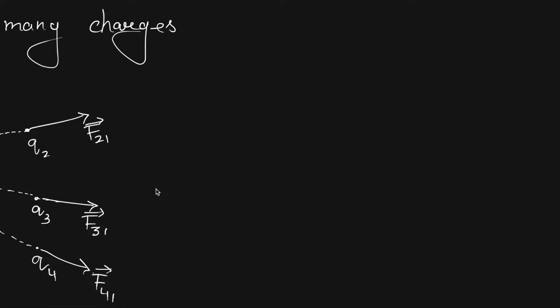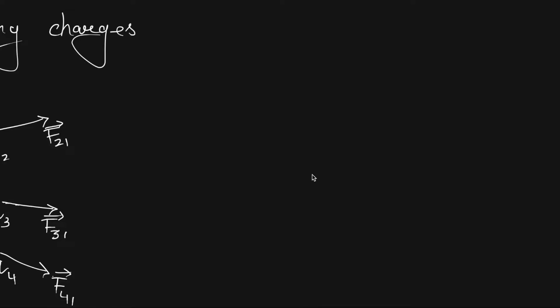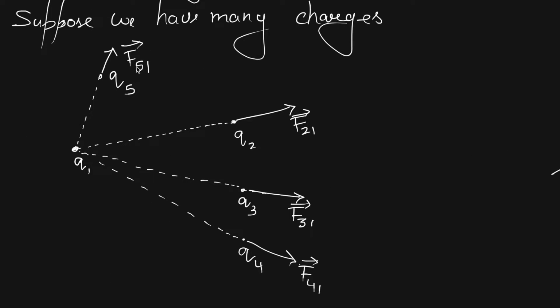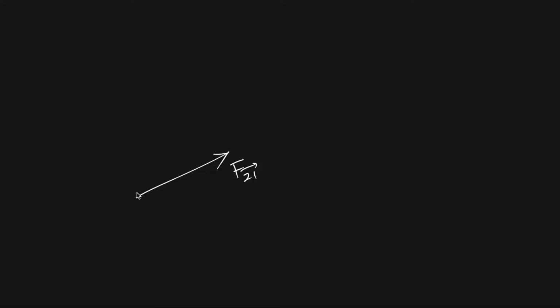We know that any vector can be moved anywhere in the plane, as long as the magnitude and direction remain the same. Let's suppose I put the f21 vector here, and the f51 vector at this point.